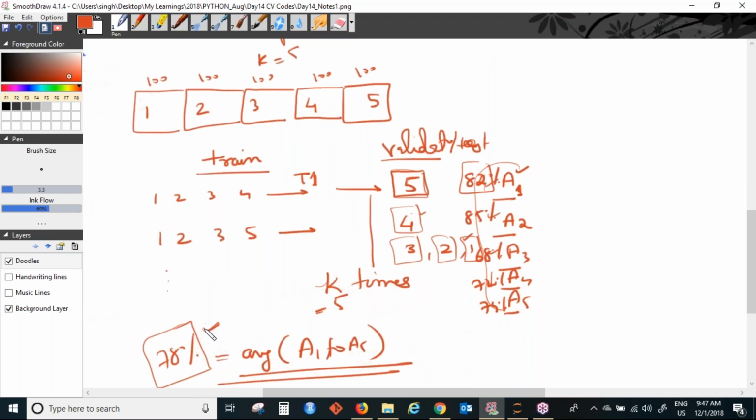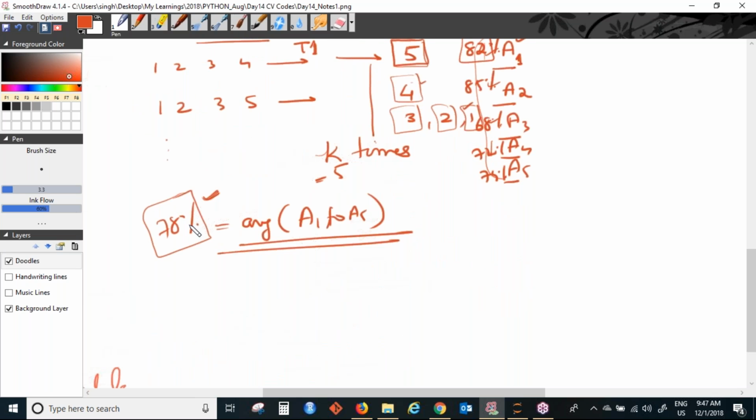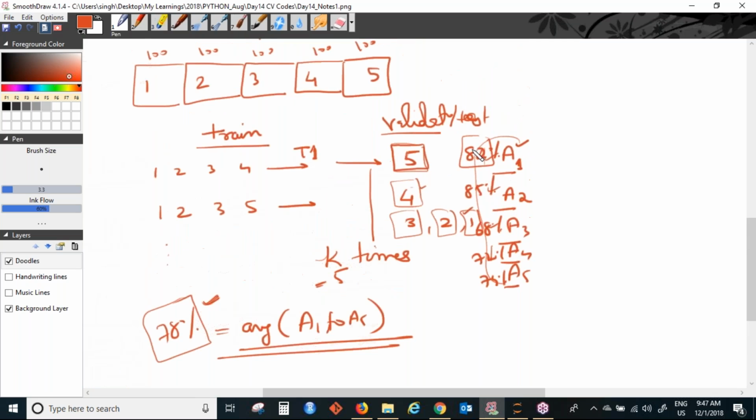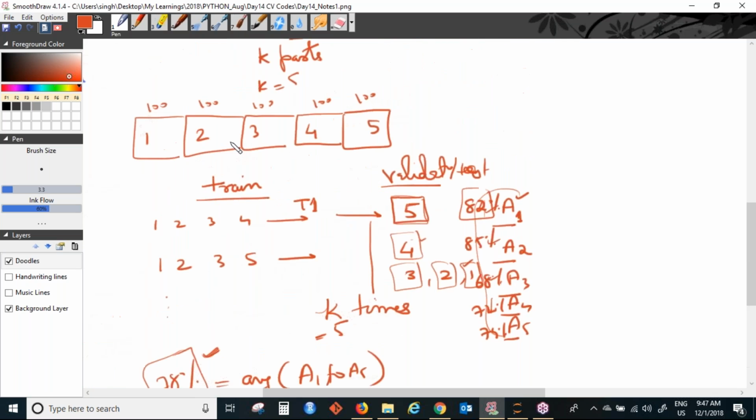So you want to show that whatever accuracies you are telling, that is what will remain in the future. So you will take the average, which is a more consistent value. Your model will consistently perform somewhere around 78% rather than around any of these particular numbers. Okay, so this is the process of cross validation.